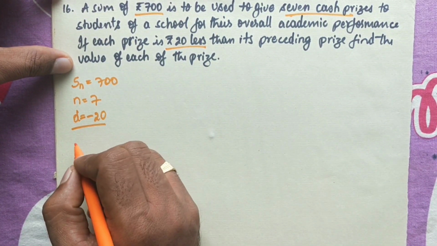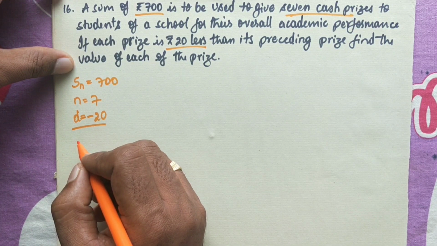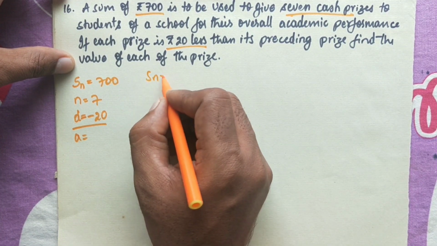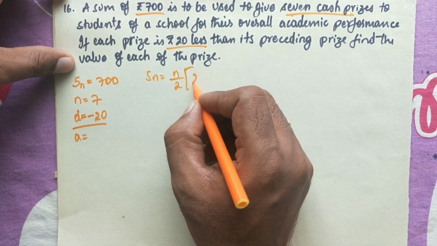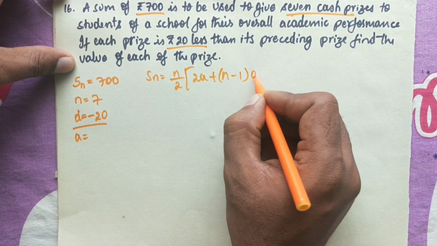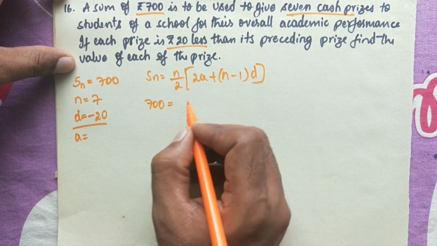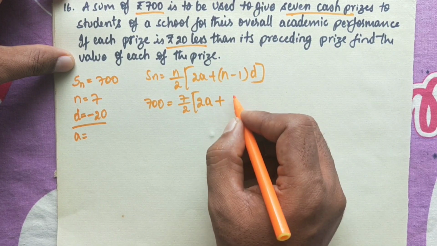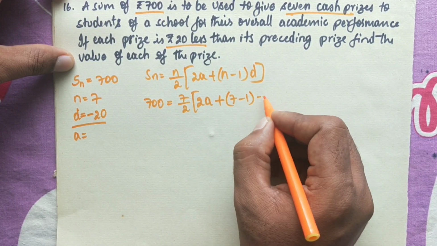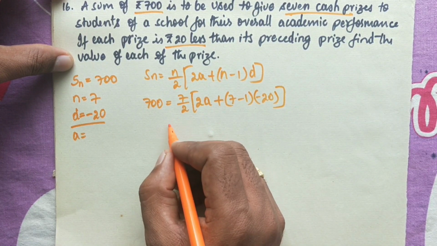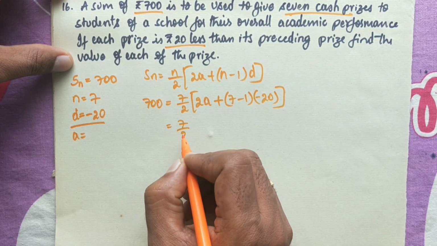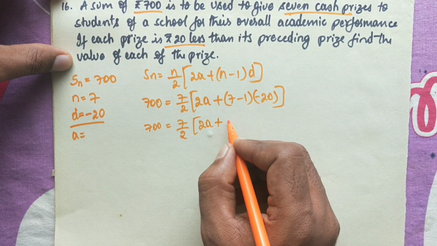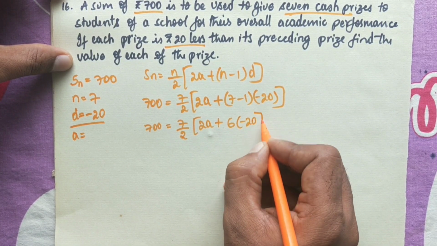So let us calculate the prize amounts. We want to calculate a. Sn is equal to n by 2, 2a plus n minus 1 into d. Sn is 700, is equal to n is 7 by 2, 2a plus n is 7 minus 1 into d is minus 20. So 7 by 2 remains as it is: 700 is 7 by 2 into 2a plus 6 into minus 20.